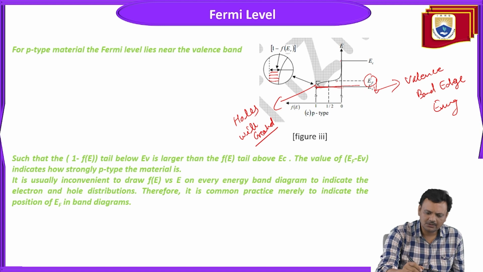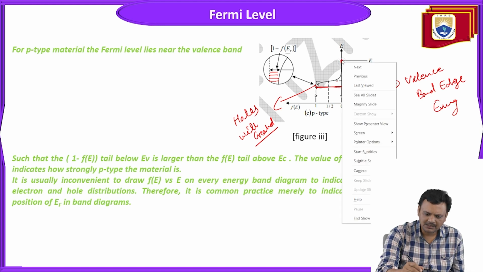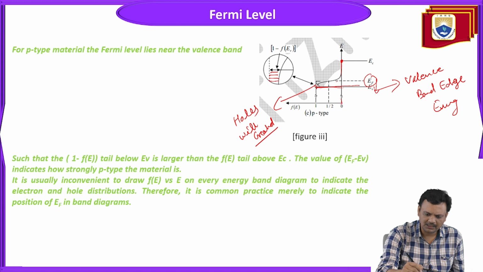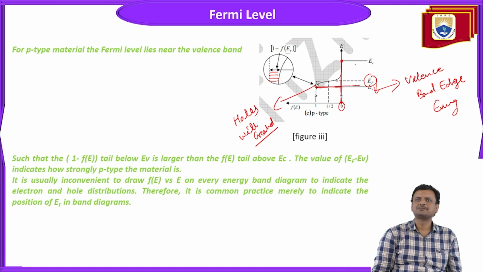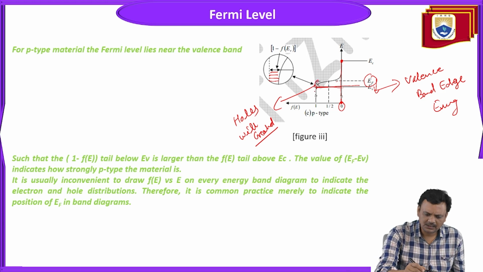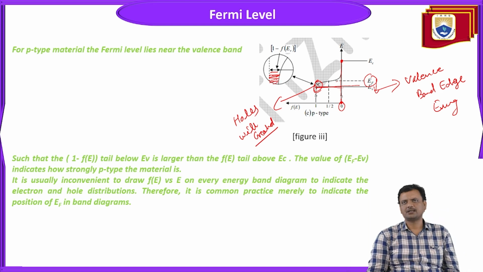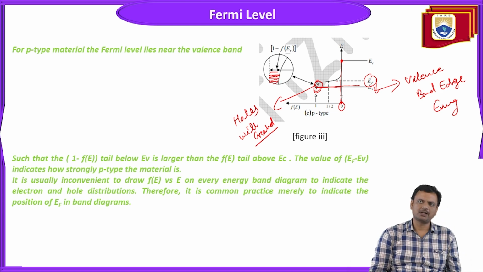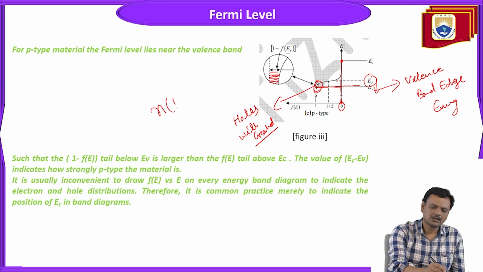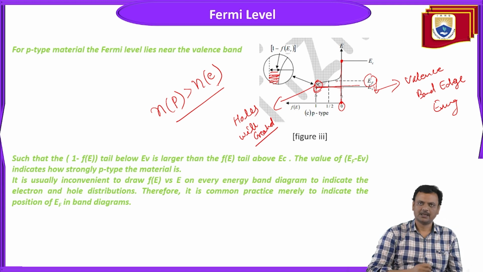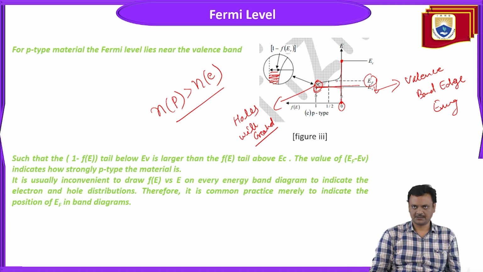But near to EC, F of E is completely zero or near zero. So this region of unoccupied energy levels provides the carrier concentration of holes, and obviously it will be greater than N of E in a p-type semiconductor.